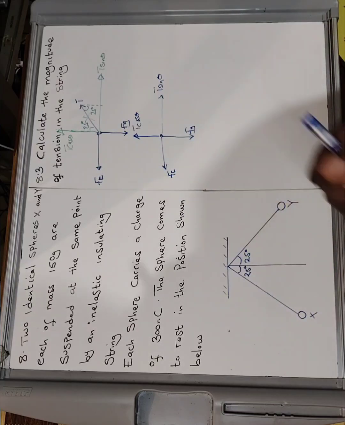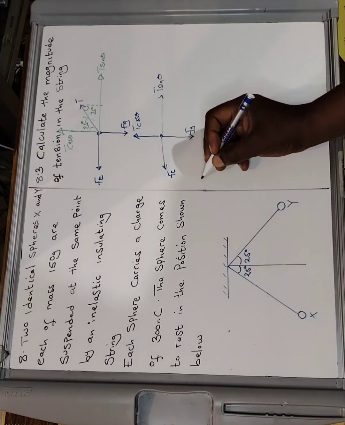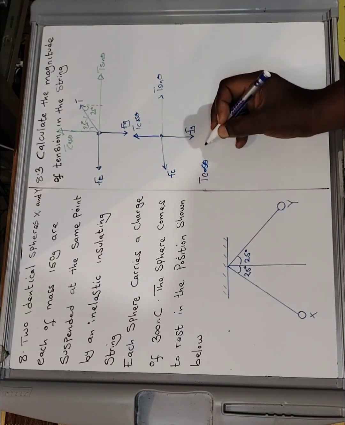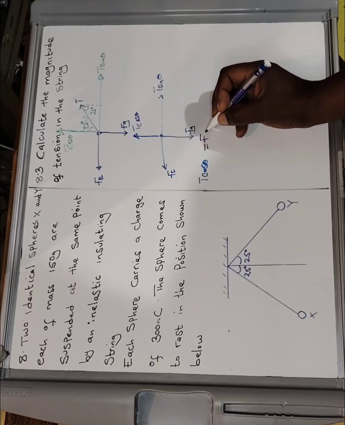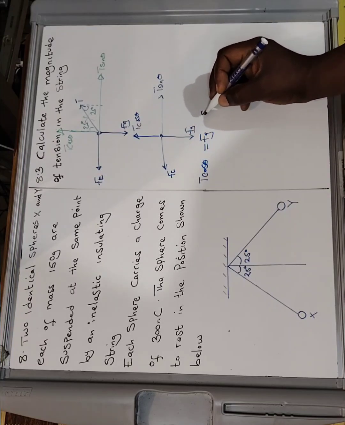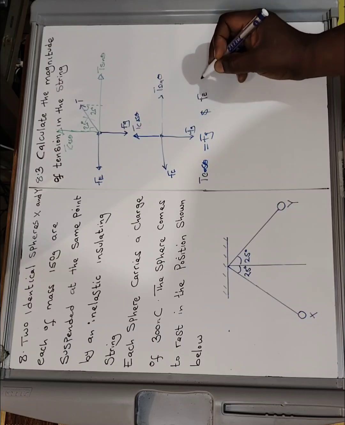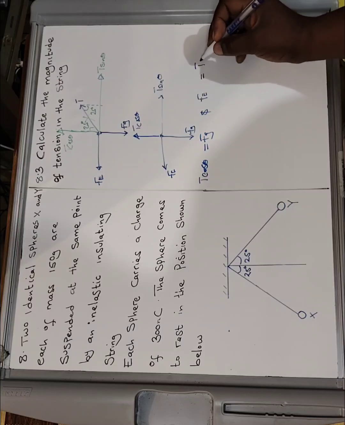So you have two equations already. T cos theta is equal to Fg. And another one is Fe is equal to T sine theta.